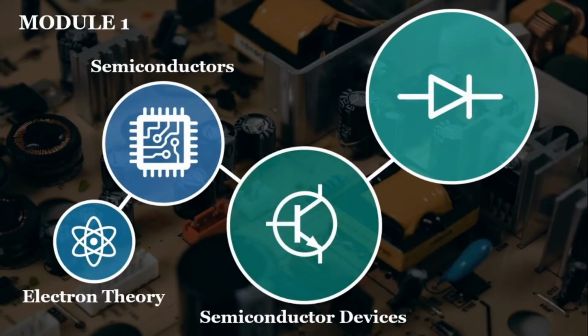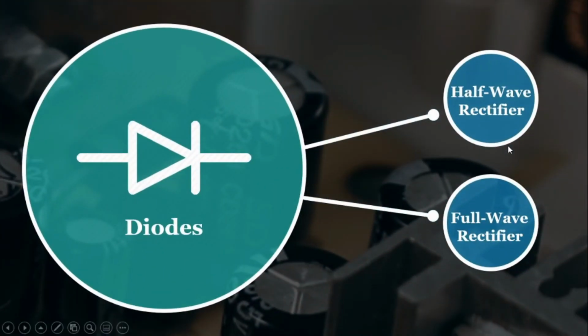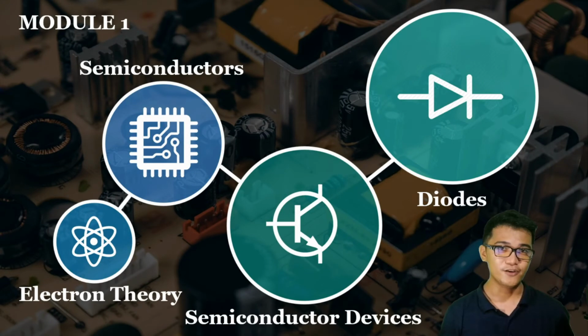And lastly, this module covers diodes, which includes an explanation of the constructional features, operating principle, characteristics, and specification of power semiconductor diodes. It also includes an understanding of the basic operation of diodes in AC circuits and solutions to basic problems in half-wave and full-wave rectifier circuits. Those will be the topics under this module.